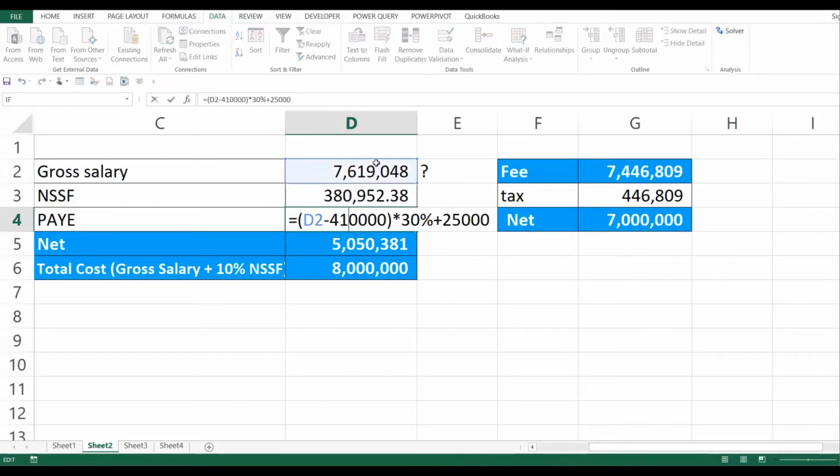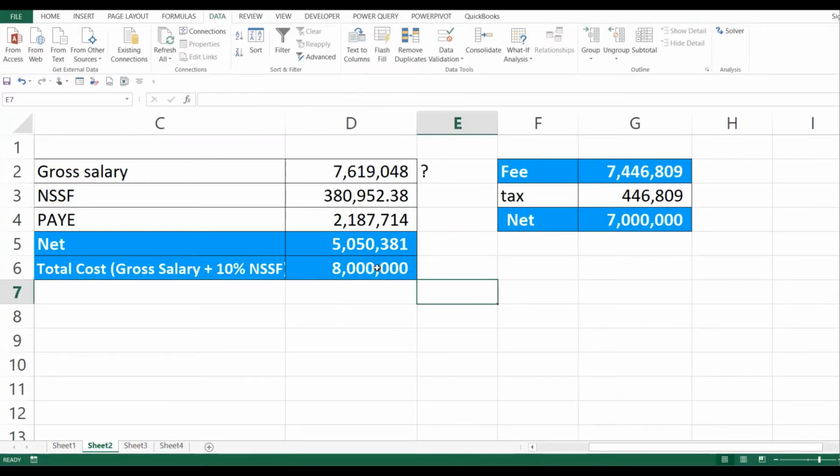There's a formula here which calculates the pay as you earn, calculates the net. Then here, my gross pay plus the 10%, I get the total cost to the company. So I want to come here and say, assuming my total cost to the company is 9 million, I'm asking myself, what should the gross salary be? That's what we are going to look at.